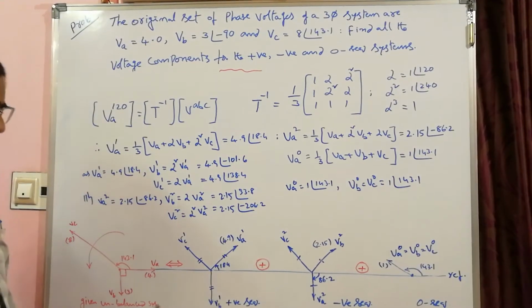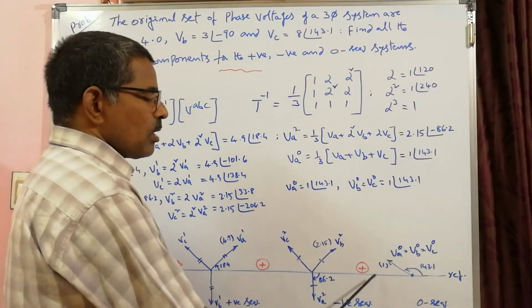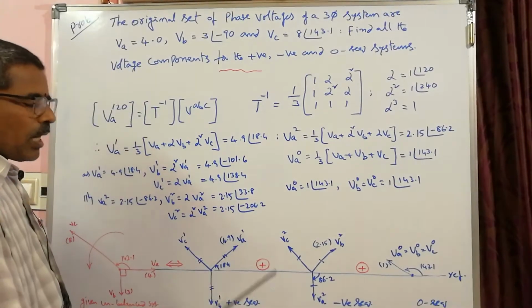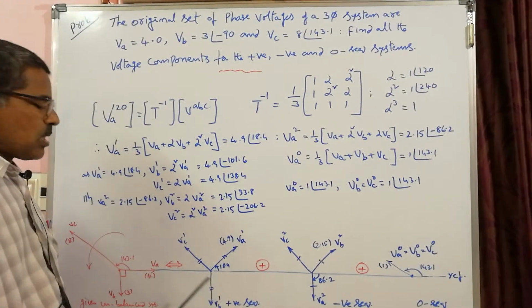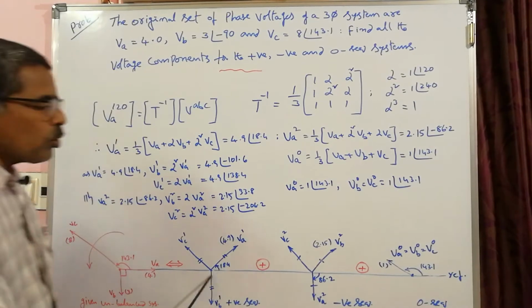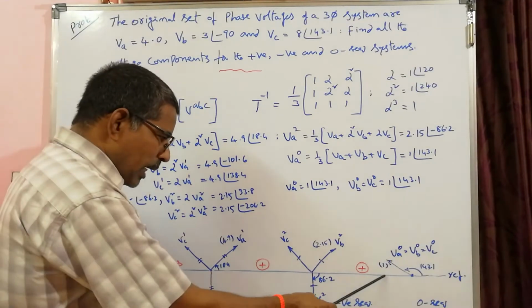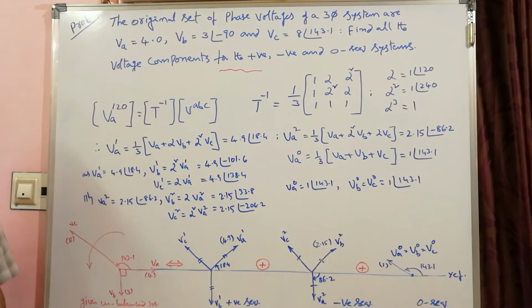So you can clearly observe by adding these phasors one to the other, whether diagrammatically or from the equations, from the quantities, you can see that. So it is always reversible. This unbalanced set can be resolved into three sequence components, or by combining these three sequence components you will get back the unbalanced system.